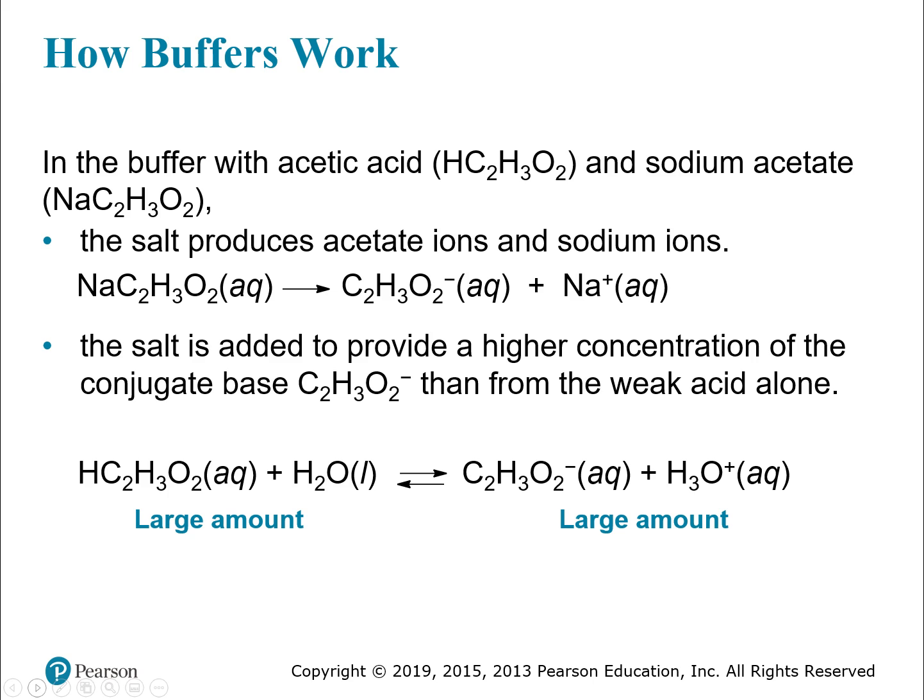So with our acetic acid example, if we pair that with sodium acetate, which again is something that will dissolve in water and give you the acetate ion, as you can see in this equation here, we're providing a really large amount of both the acid and the conjugate base. That's important because that means we can absorb some of the extra hydronium or the extra hydroxide from a little extra acid or base.